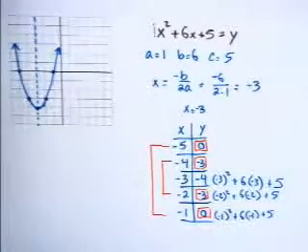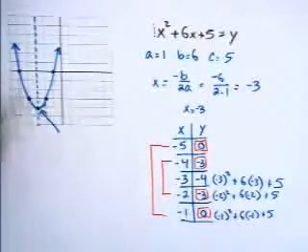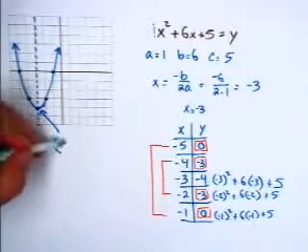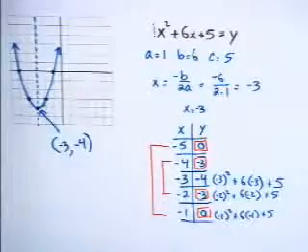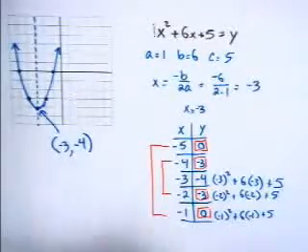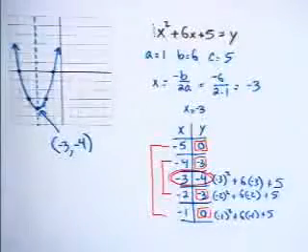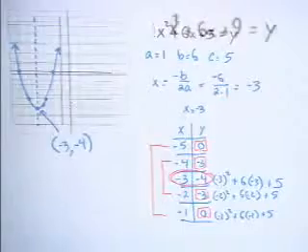And we've sketched the graph of the quadratic equation. Notice that the vertex is at negative 3, negative 4, and the vertex was the first point we found. We're going to do another one in just a moment.